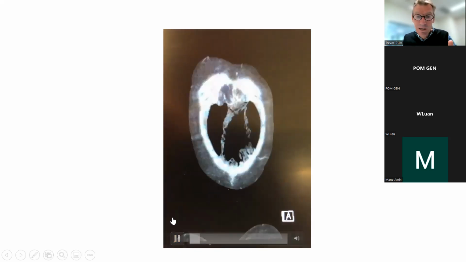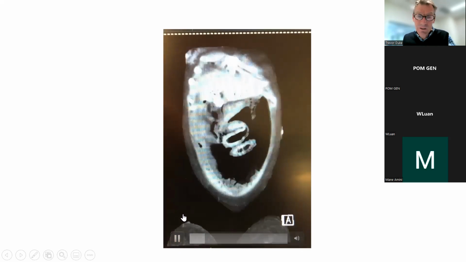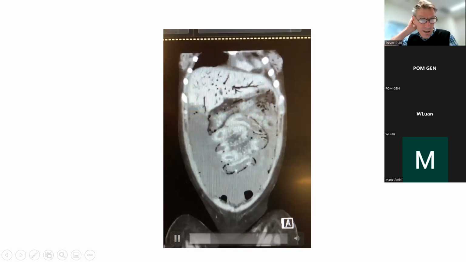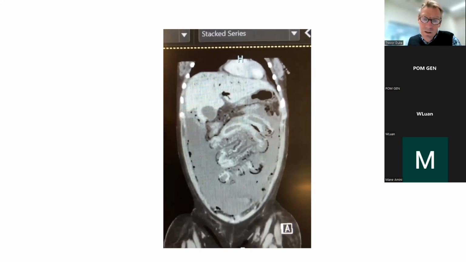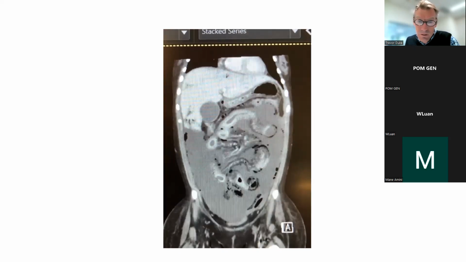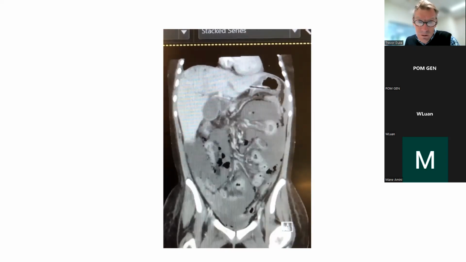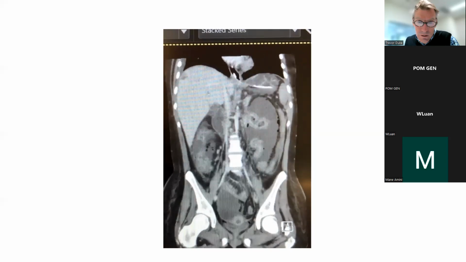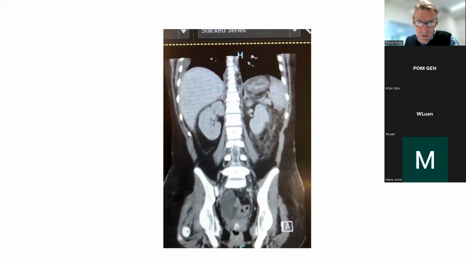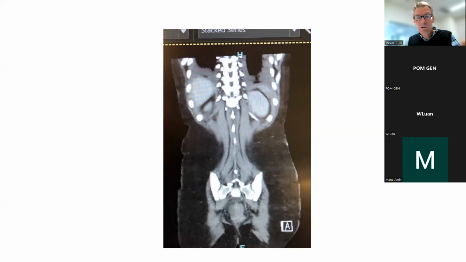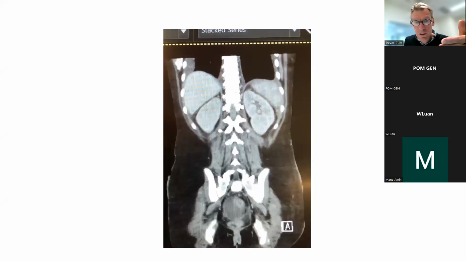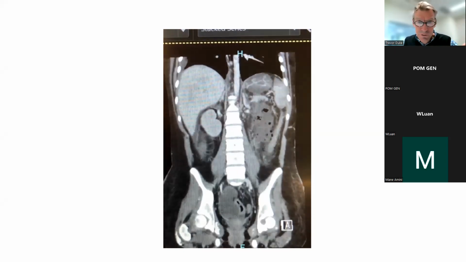This is looking from front to back. All right. And so I'll show you a couple of times, looking from front to back. And then it's looking from back to front. I've just changed it so it's going back to front as well.